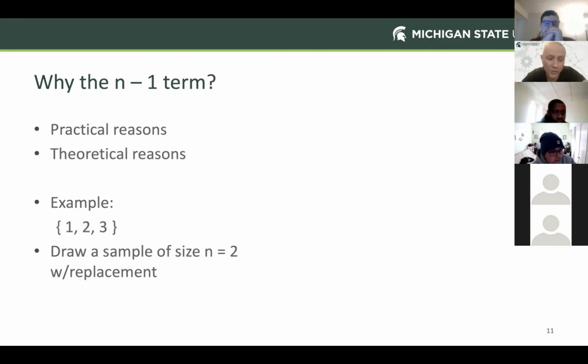So all that means is we're going to draw one number between 1 and 3, and then we're going to draw a second number between 1 and 3. And there are basically 9 different combinations of numbers that we could draw. We'll work through and illustrate why we want to include that correction, that n-1 term in the denominator, when we're trying to calculate the sample variance, okay?